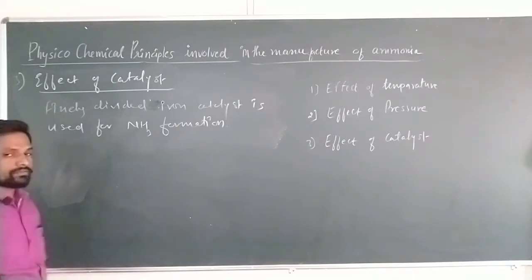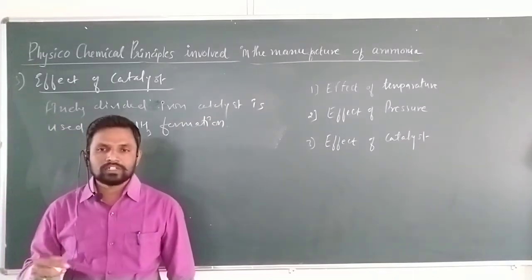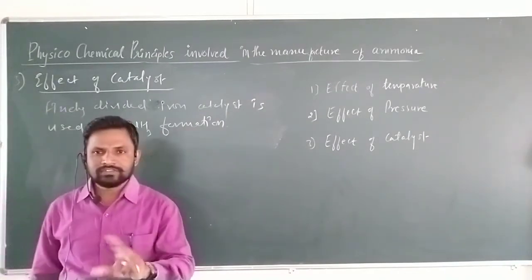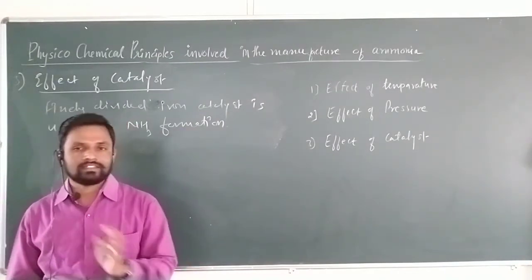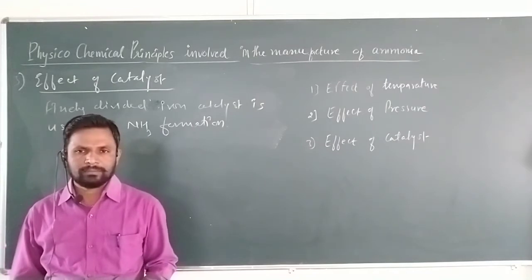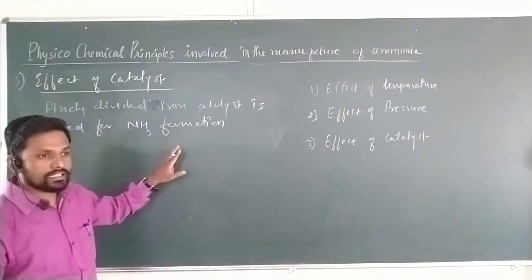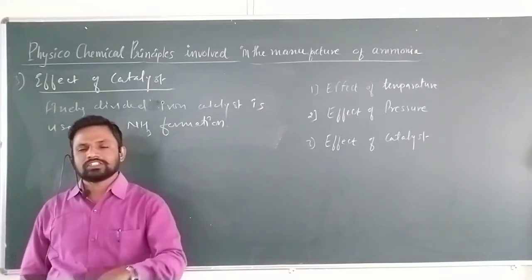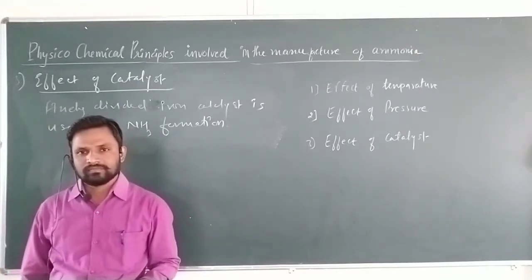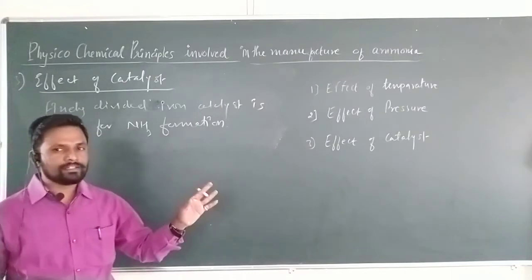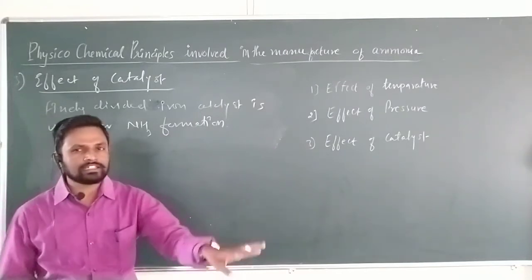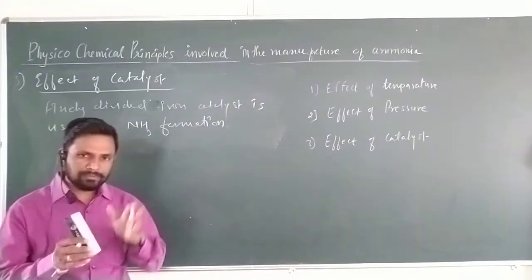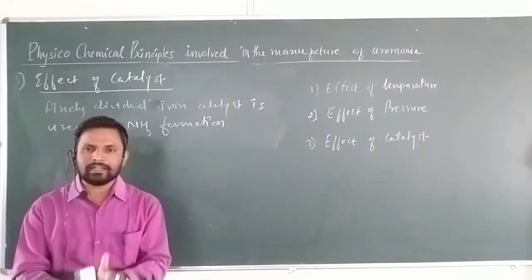Now see, one more point is very important. Using a catalyst never shifts the equilibrium towards the left or right, but it helps in reaching the equilibrium state very fast, that is, in a shorter time. A catalyst never shifts the equilibrium, whether it is the forward reaction or the backward reaction, but definitely it helps in reaching the equilibrium in a very short time.